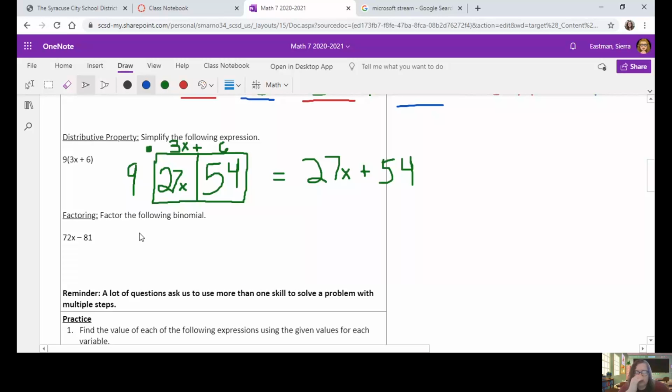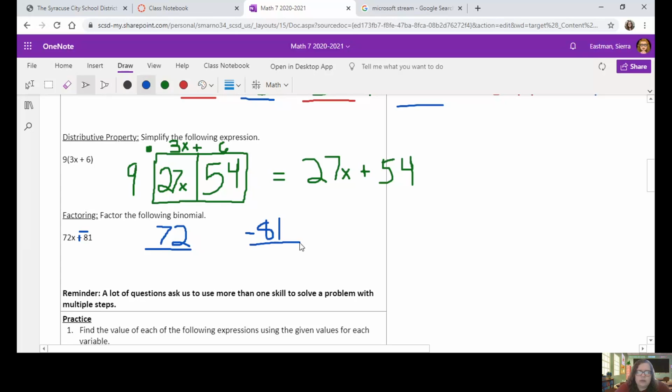So using an area model method or the box method backwards to factor, or trying to do that factoring without the area model method like we did on Friday. My drawing here is getting a little scribbly. We have a 72 and a negative 81. I'm going to make sure we keep that negative in mind because we're adding a negative.